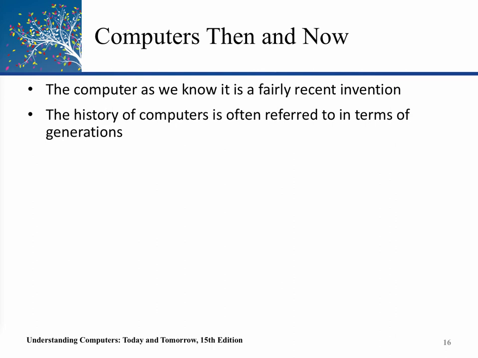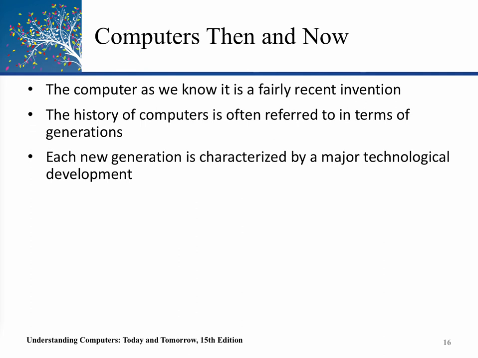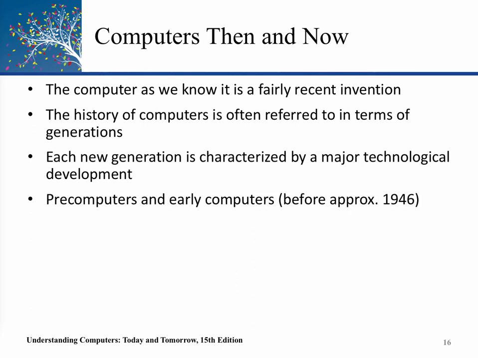The history of computers is often referred to in terms of generations. Each new generation has a major technological development. Pre-computers and early computers, let's say before 1946: abacus, slide rule, and mechanical calculator. Raise your hand if you know what any of those are.